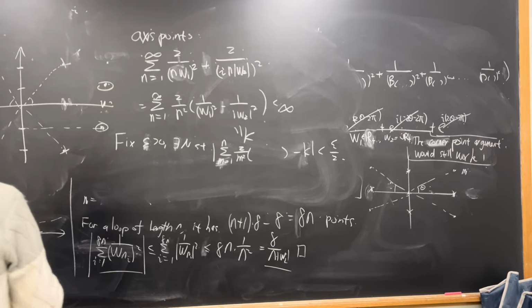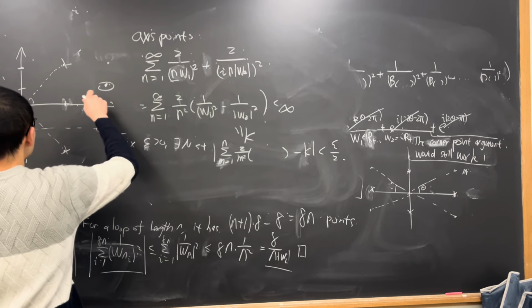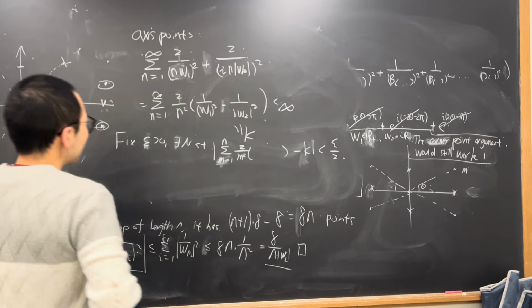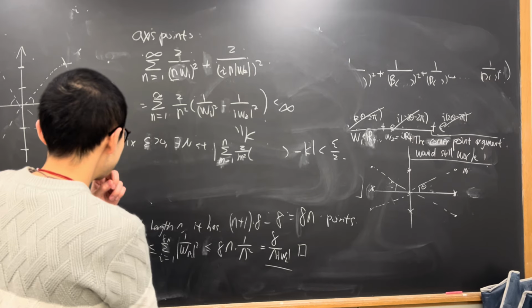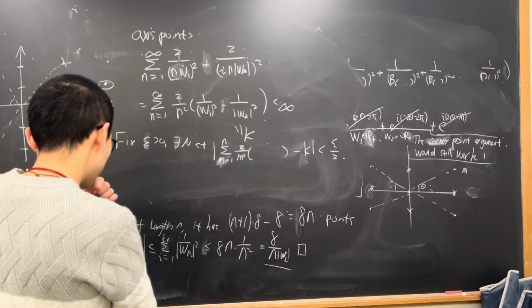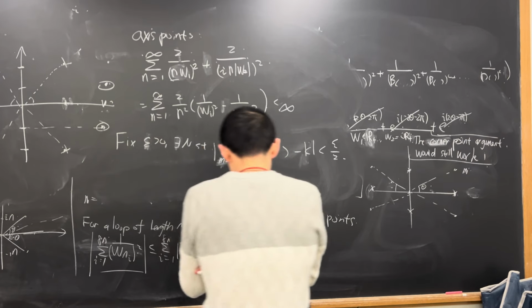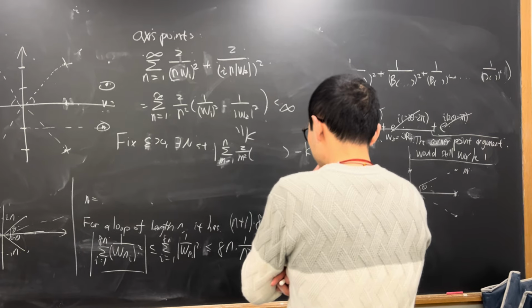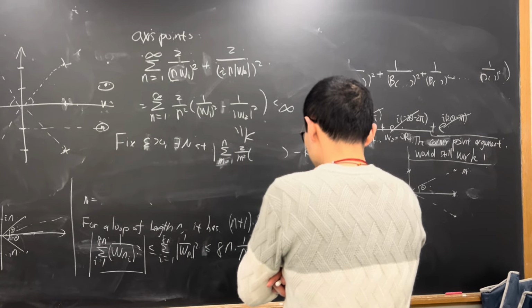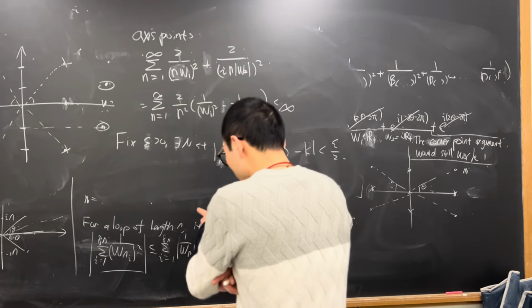Okay, so this is counted in terms of loops, right? So A is like the number of loops, right? So this argument would also work for loops of length n.